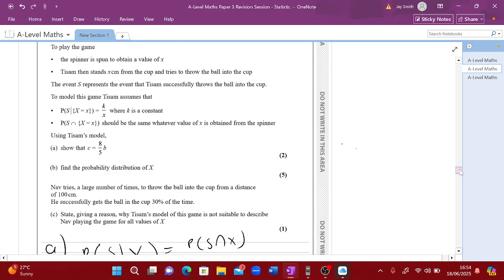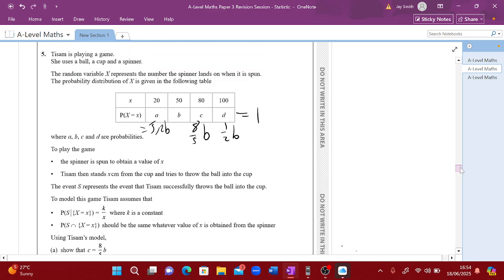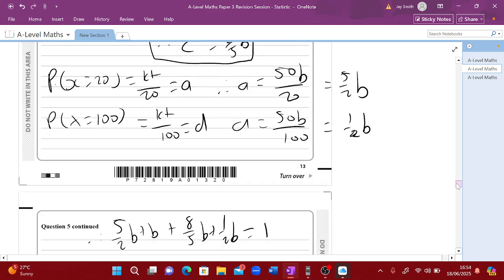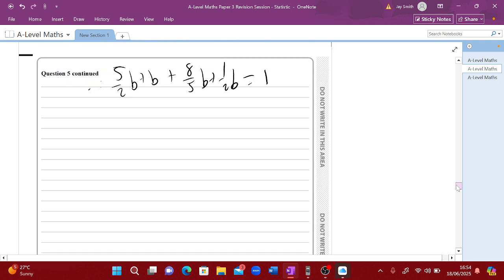Let me check. 5 over 2, 8 over 5 and a half, cool. Well, that's not simultaneous, it's a linear equation. So that would be 5 over 2, add 1, add 8 over 5, add a half. So that's going to be 28 over 5b is 1. Therefore, b is going to be 5 over 28.